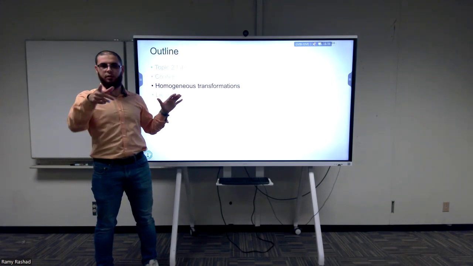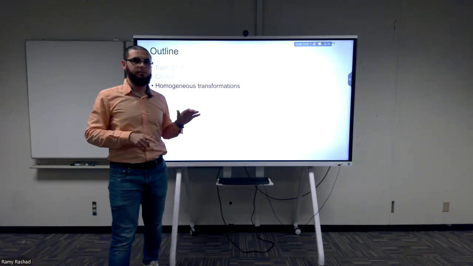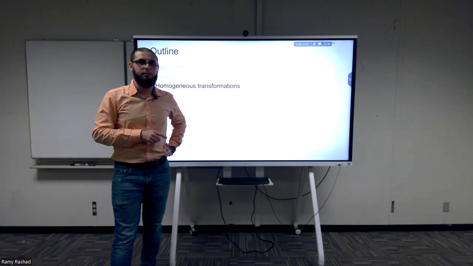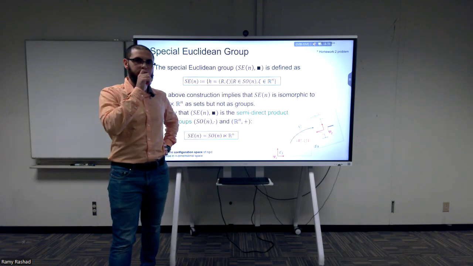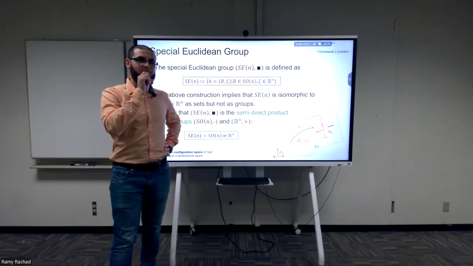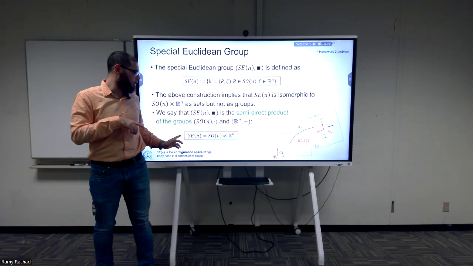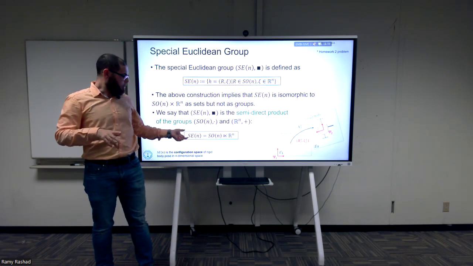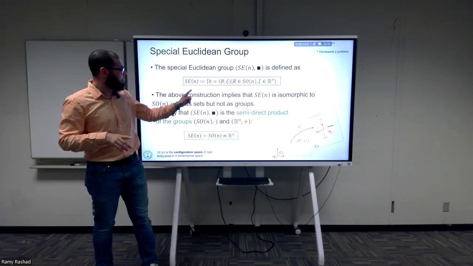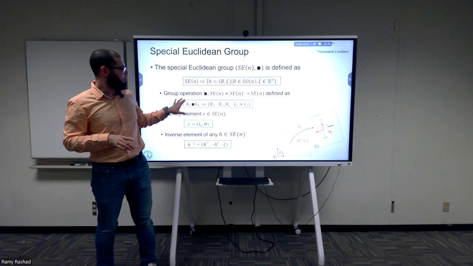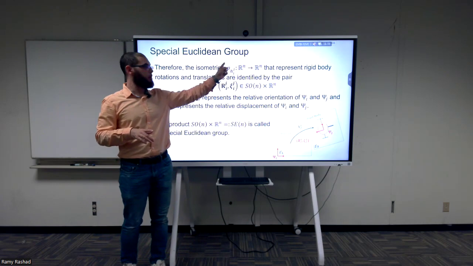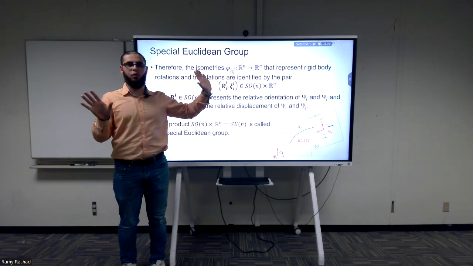Having all of that said, Ziad, I have a question. Does it mean SE(n) now is not an isometry? Sorry? What does SE(n) represent after combining both? I see your point. If you take an element of SE(n) like this and it represents an isometry, then everything works.